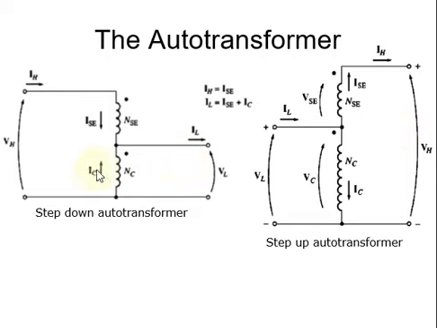In the step down autotransformer, we have VH at the input, and then it has been stepped down to VL, and this VL is calculated across the common winding. By Kirchhoff's law, we can easily find that IH is equal to I series. Like if this is IH, then it will be the I going through the series winding.